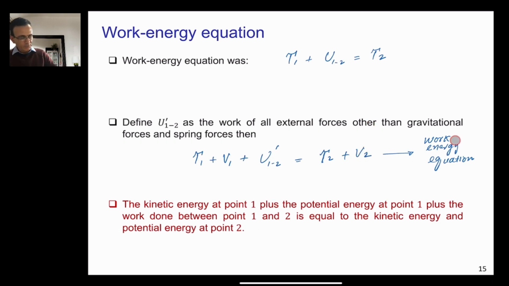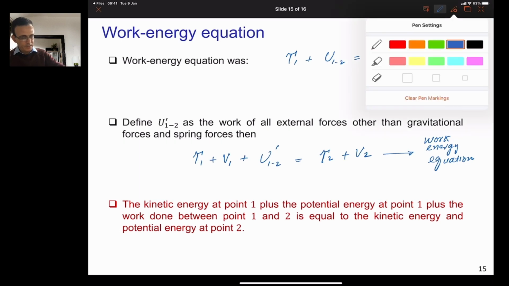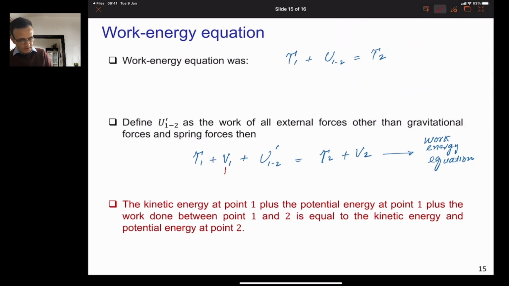And obviously we know that we can split this V1 into two, so this will be V1G and V1E, and similarly this will be V2G, and this will be V2E.